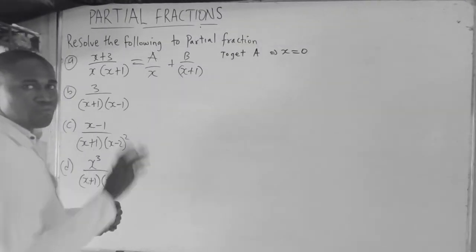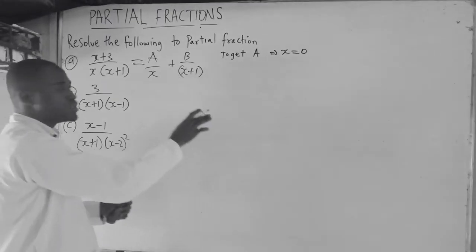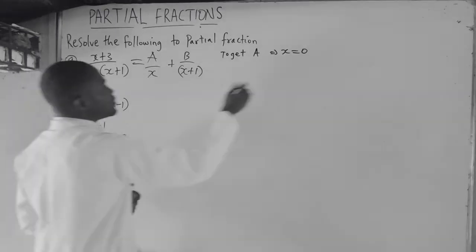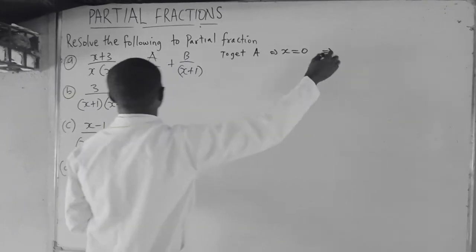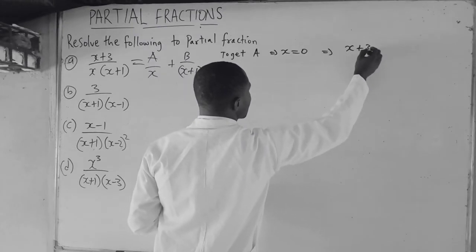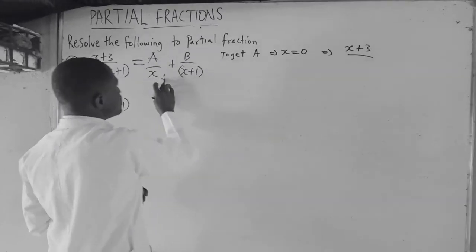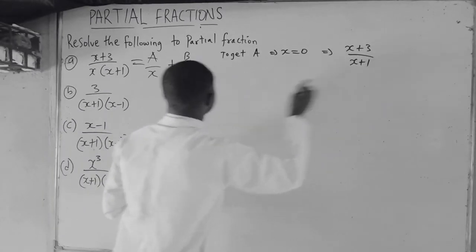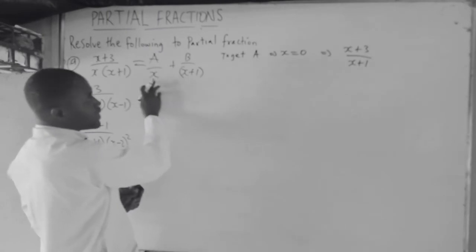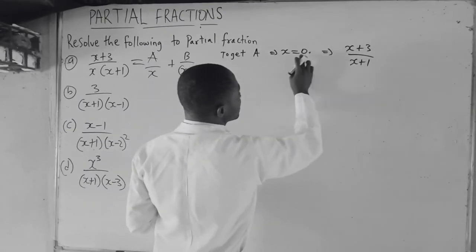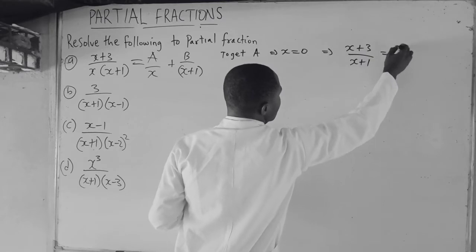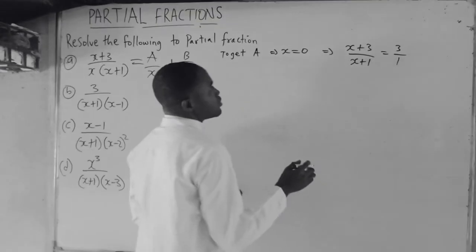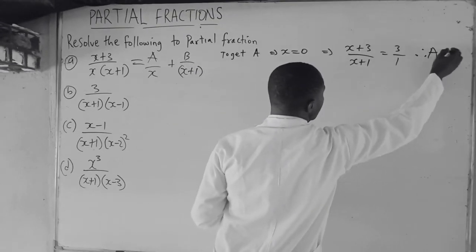That is how we get the cover up method. So we are using the cover up method to solve this. Make it equal to 0, then carry this and put it here. So once you put it here, you are putting it into x plus 3 over, this is the numerator. Then what you use to cover it up is x plus 1. So this will cover this up for you to get A. Carry x equal to 0, put here. 0 plus 3, 3. 0 plus 1, that will give you 1. Then you say, therefore, A equal to 3.